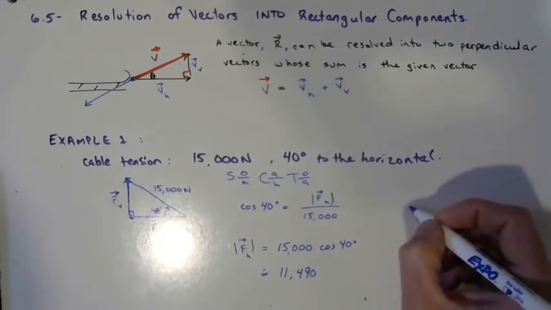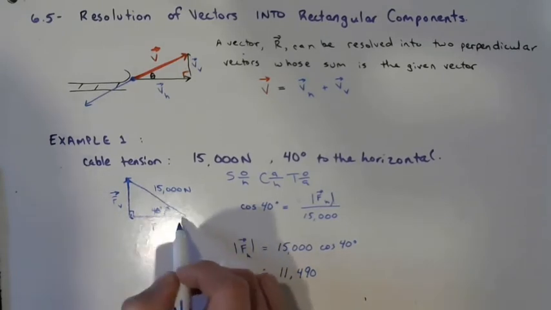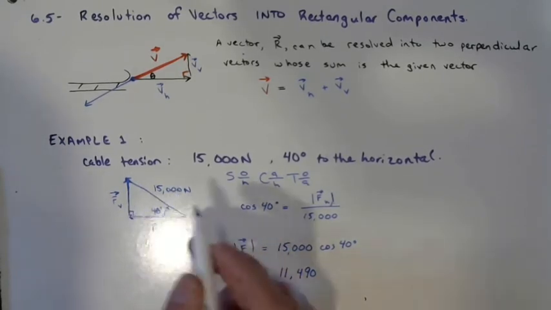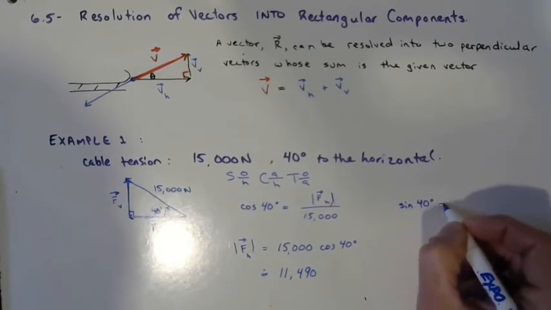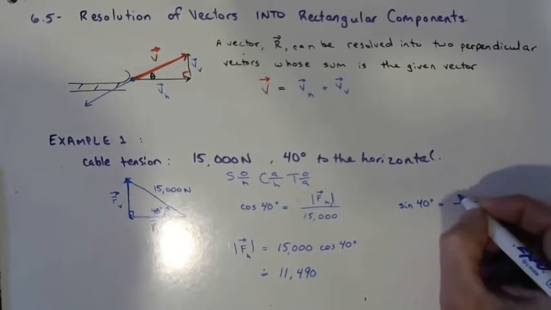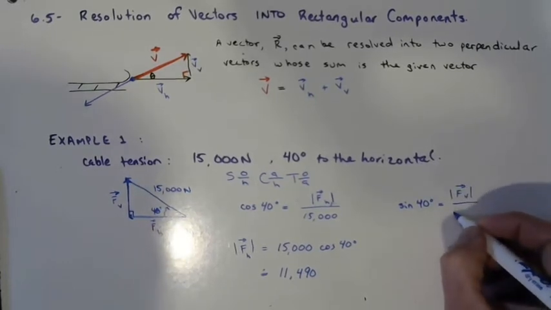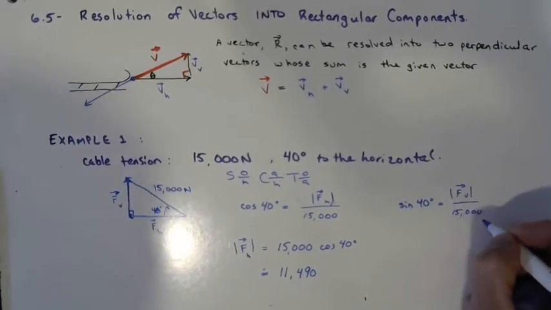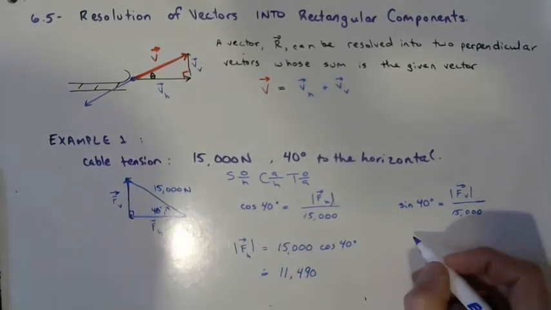Now, same idea for the vertical force. This time we're looking at opposite over hypotenuse. So we have the sine of 40 degrees is the magnitude of the vertical force over the magnitude of the vector representing the hypotenuse here.